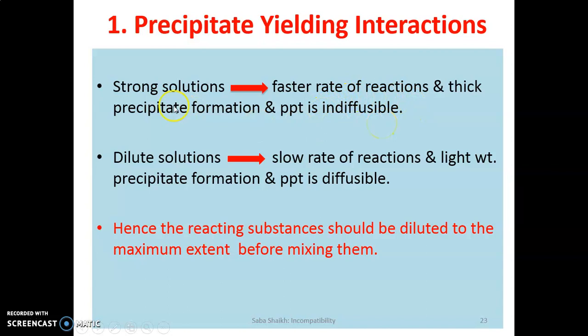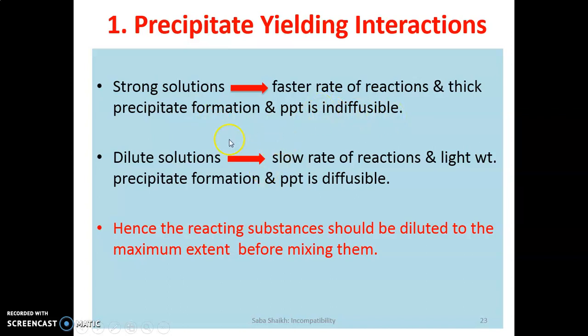I am repeating again. When one is using strong solutions for reactions, the rate of the reaction will be fast. If the rate of reaction is fast, a thick precipitate will form, and that thick precipitate is always indiffusible in type.